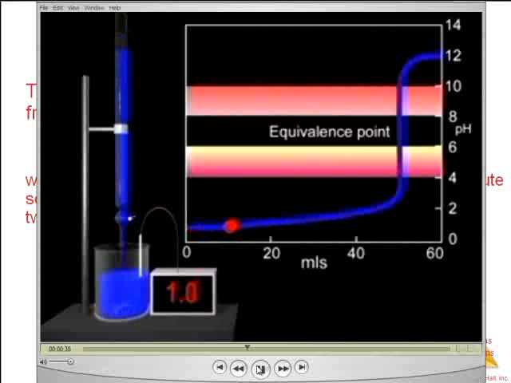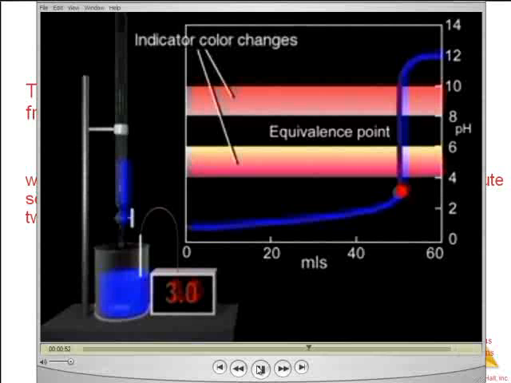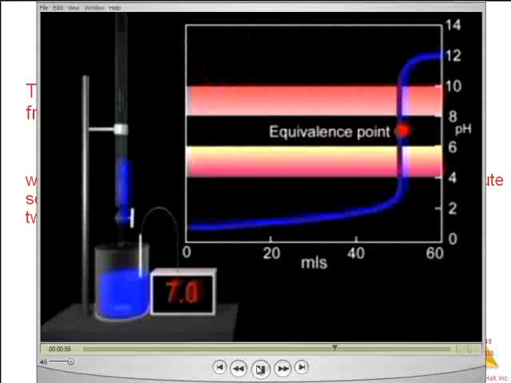The pH increases slowly at first. As the amount of base added approaches that required for complete neutralization, that is the stoichiometrically equivalent amount, the pH begins to increase more rapidly. The last few drops of added base change the pH from about 3 to 7. The pH is 7 when precisely 50 milliliters of base have been added.